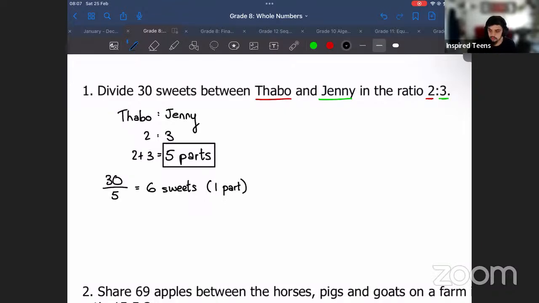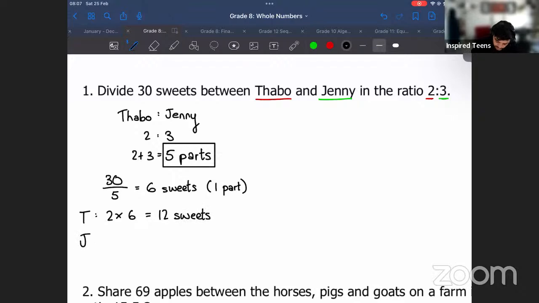I'll show you 2 slightly different ways of approaching it. Both would be the same either way. Since I know the value of one part, for Thabo, let's just write T, I can say 2 times the value of one part, which is 6. So now I know that Thabo is going to get 12 sweets.